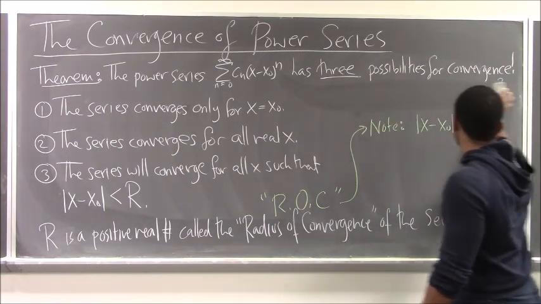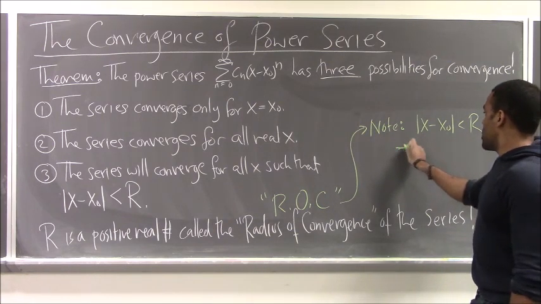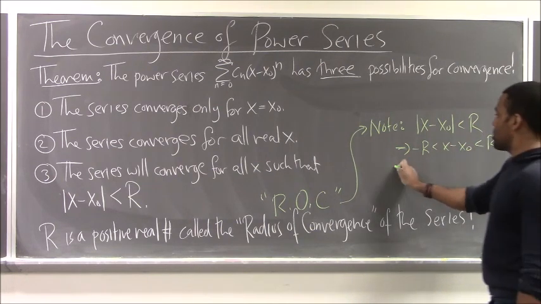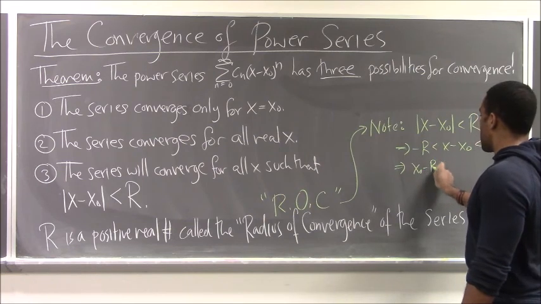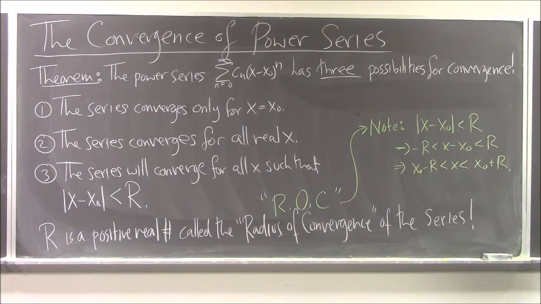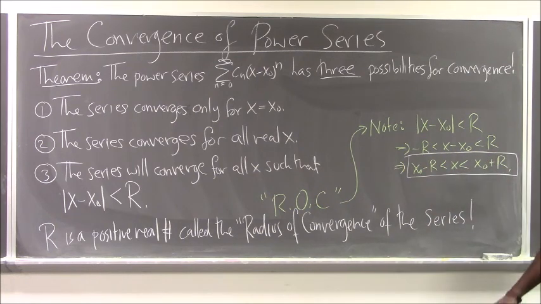Well, if you interpret this the way that you would hopefully know how to interpret such an expression all the time, this means minus R is less than x minus x naught less than R. This means that x naught minus R is less than x, which is less than x naught plus R, right? This means an inequality takes effect like this. We know it's going to converge for all x values in between the center minus a little bit and the center plus a little bit, right? So this opens an interval on the real line on which we would converge.